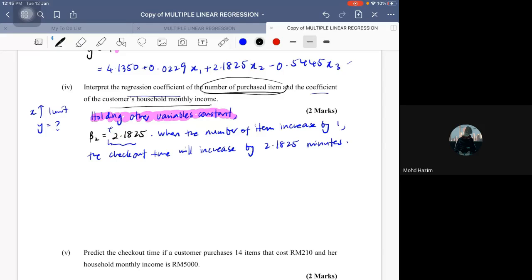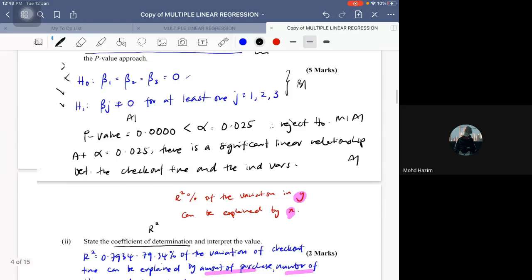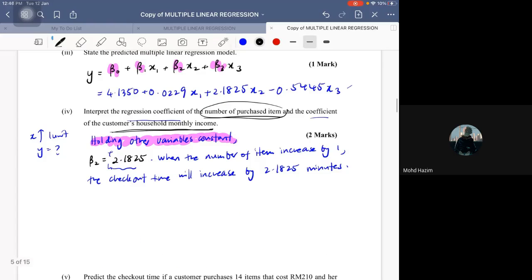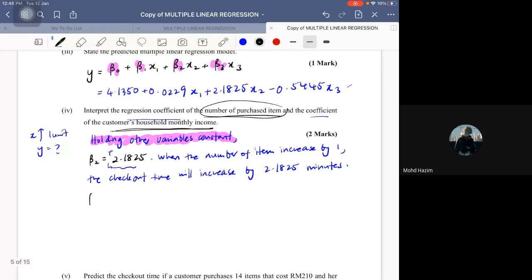So we also have to interpret the coefficient of household monthly income. The value is negative 0.5445. So I'm going to write over here my beta 3. The value is negative 0.5445. The idea is still the same.